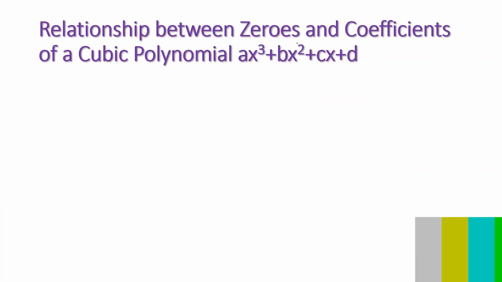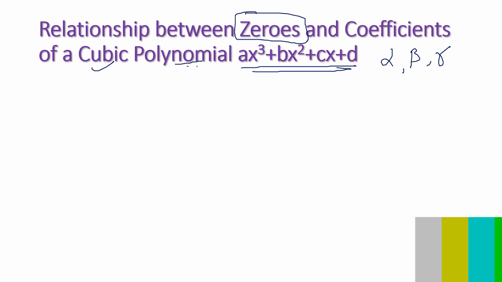Now we are going to consider is there any relation between zeros and coefficients of a cubic polynomial also? Yes, there is. Let us consider alpha, beta and gamma are the three zeros of the given polynomial. As we have discussed earlier, according to the fundamental theorem of algebra, a cubic polynomial can have at most 3 zeros. So what is the relation?